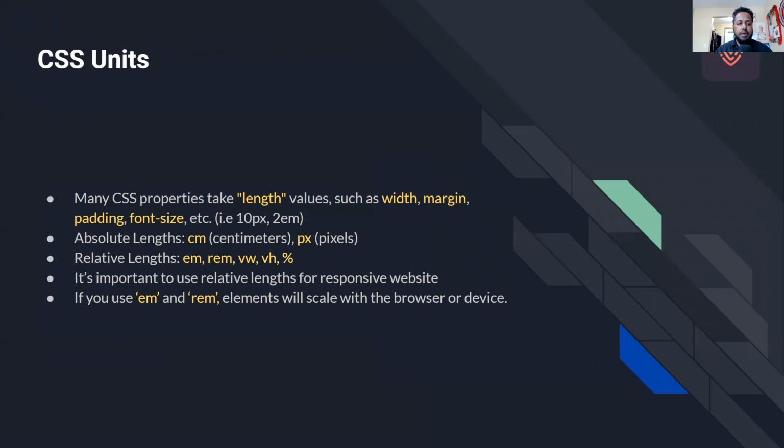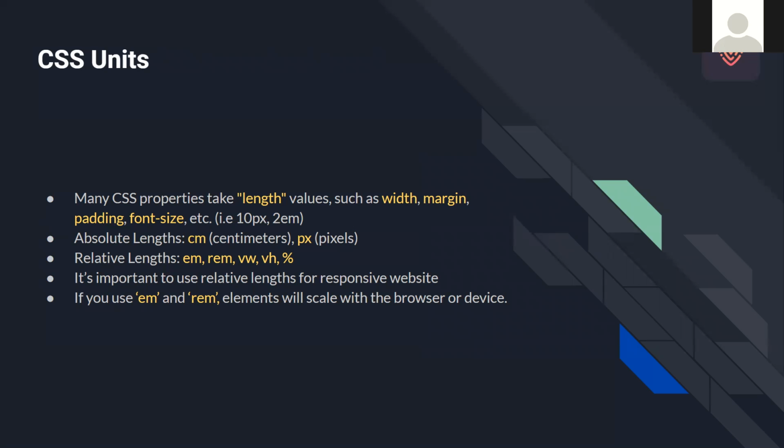We'll also learn a little bit about CSS units. CSS units are the units that you were using, like pixels. Pixels are called absolute lengths. Basically, it means they don't change. They don't morph with the page. They stay the same. So if you have 20 pixels, it will always be 20 pixels.